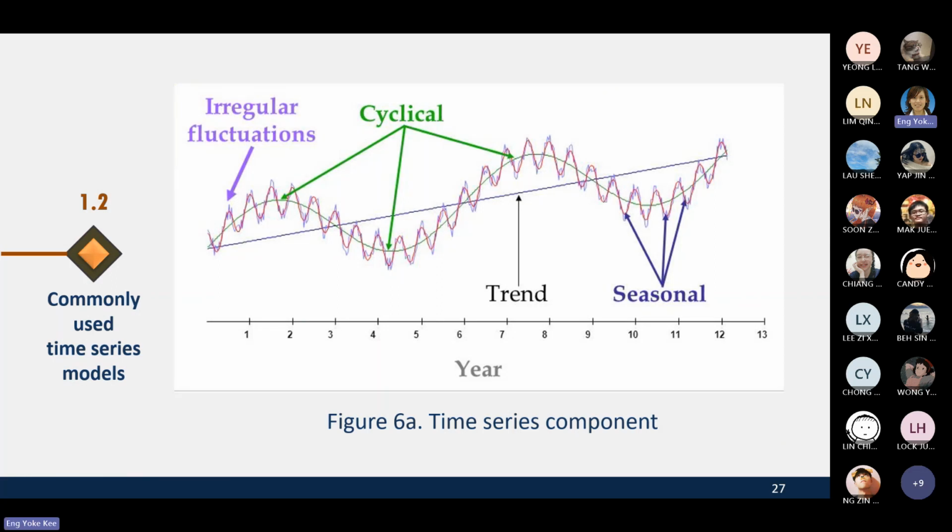The most obvious one is what we call the trend pattern. As mentioned, trend can be upward trending, downward trending, linear trending, or non-linear trending. But how do you define trend here? It's pretty simple: a trend must be a long run pattern, a long run persistent movement.